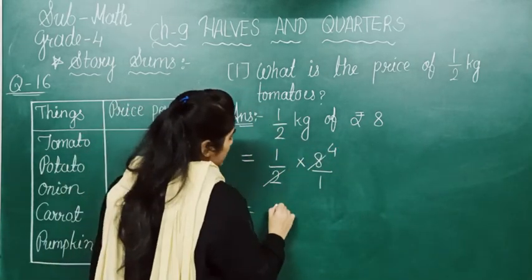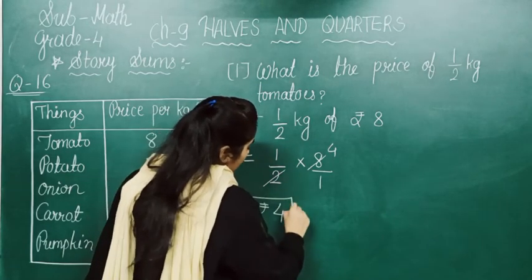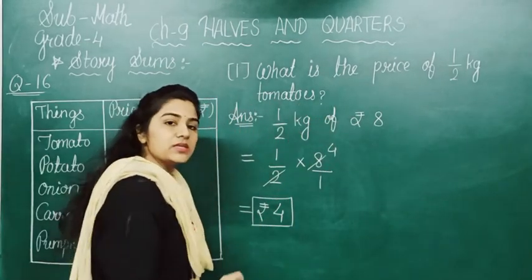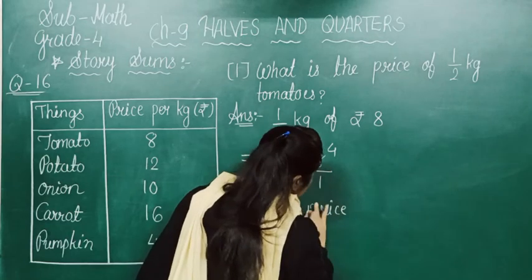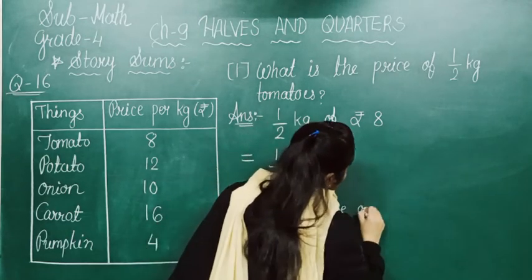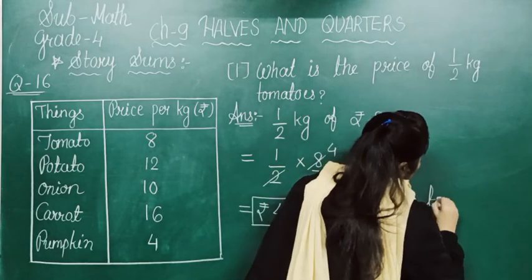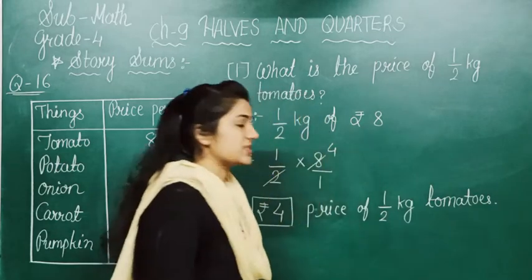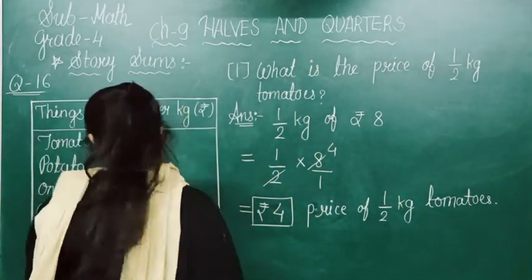So 4 is our answer. So we can say that the price of 1/2 kg tomatoes is ₹4. We can mention here, price of 1/2 kg tomatoes. See, it's very easy.